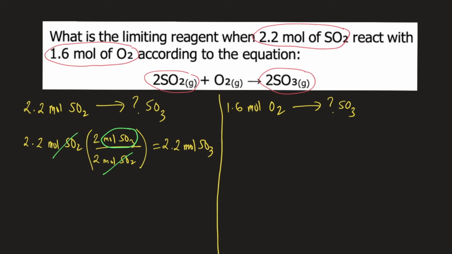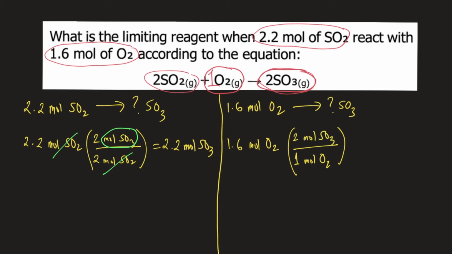Then let's move on to the right side. We have 1.6 moles of O2. If you check the reaction, 1 mole of O2 forms 2 moles of SO3. So 1 mole of O2 forms 2 moles of SO3.